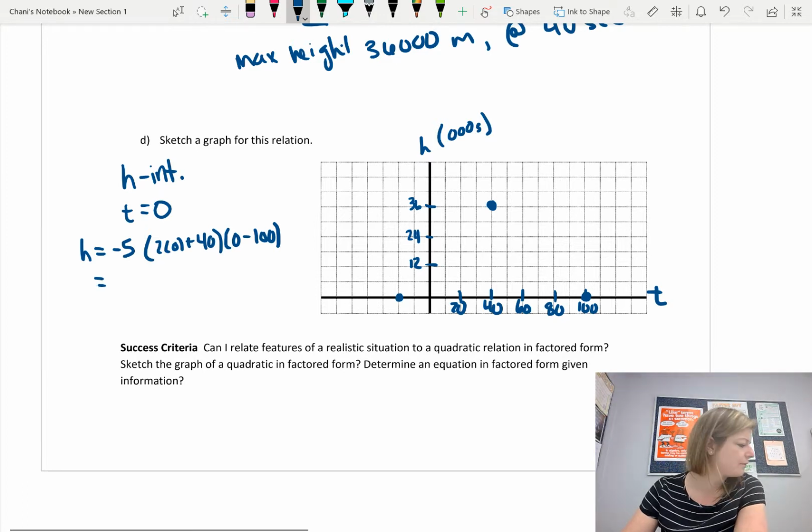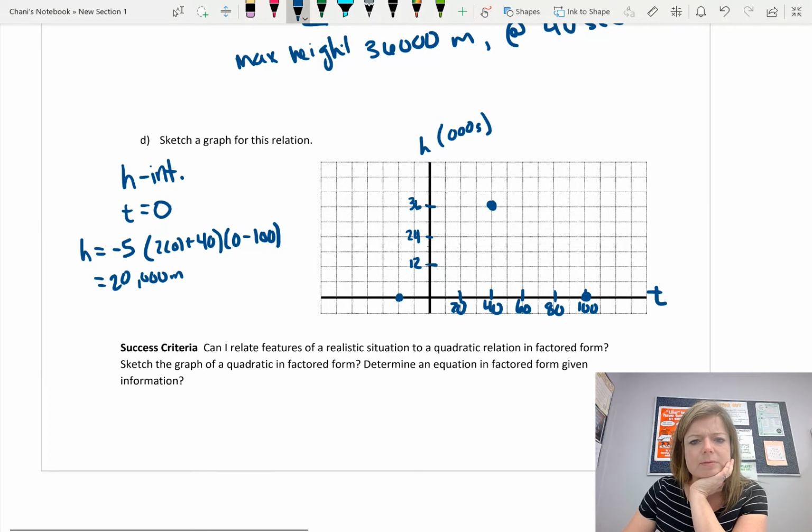And if you put this through, you get 20,000 meters. So that means it was launched from 20,000 meters. So this is 18, so 20,000 is about here. And it also means I have a symmetrical partner here at 80. This is 40 away from the center, so another 40 away.